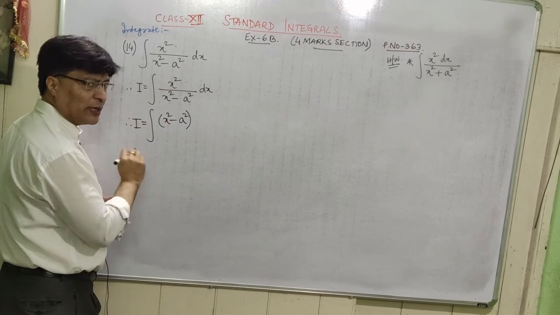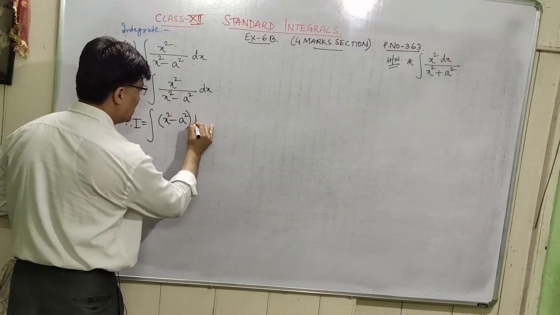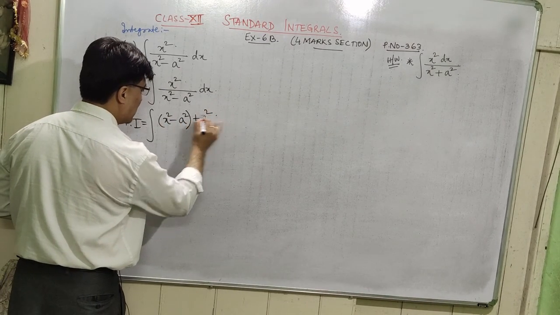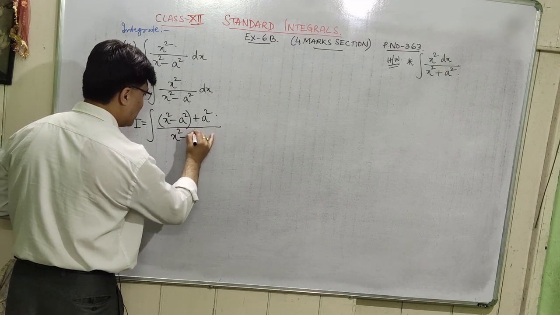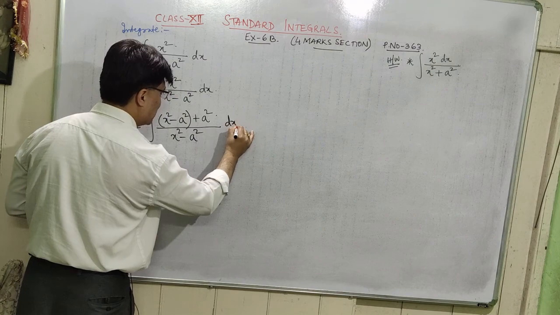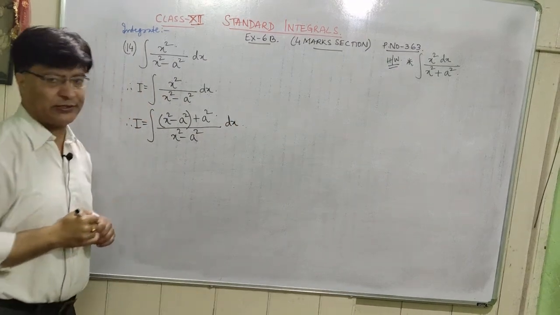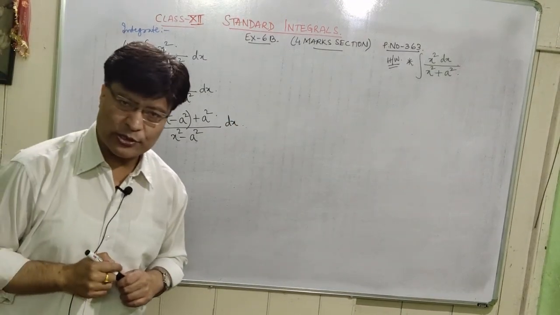Is there a minus a square? No, so you have to subtract it. So let us write here plus a square divided by x square minus a square, then dx.